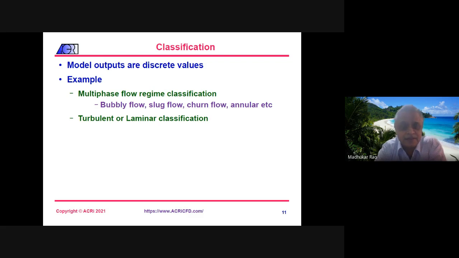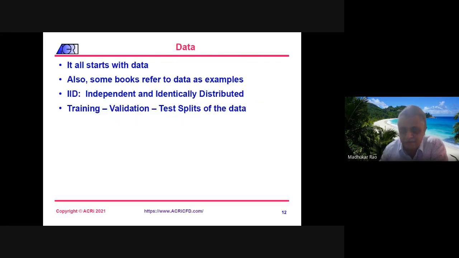For example, you could have bubbly flow, slug flow, churn flow, annular flow, and so on. This type of thing is not a continuous variable, but there are discrete classes of flows. So this is a classification problem. Another simpler example is whether you want to classify the flow as laminar or turbulent. And neural networks can be used for both types of problems.